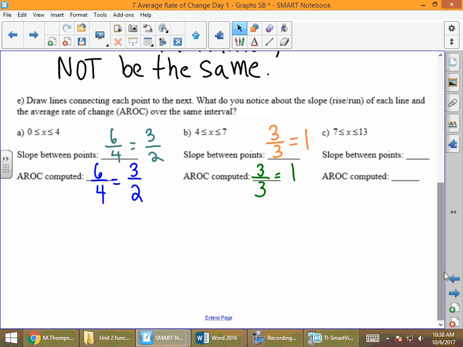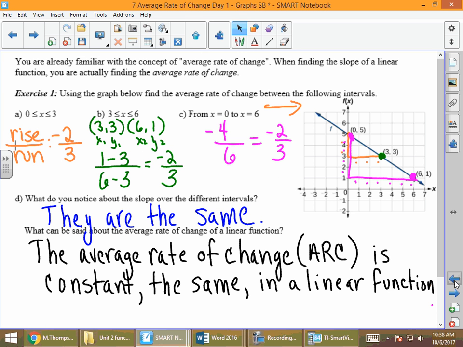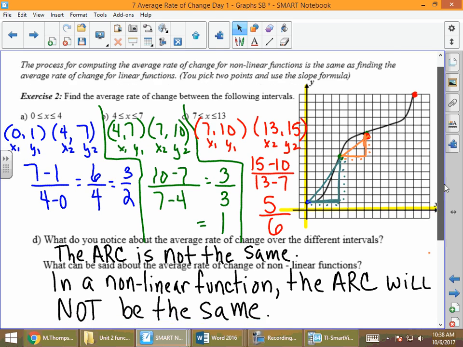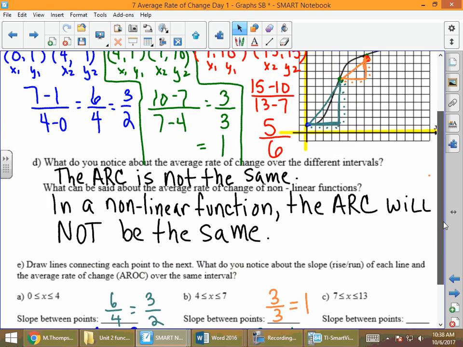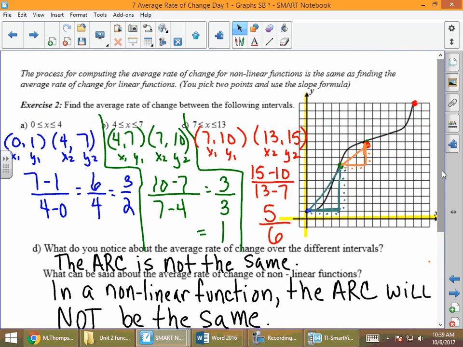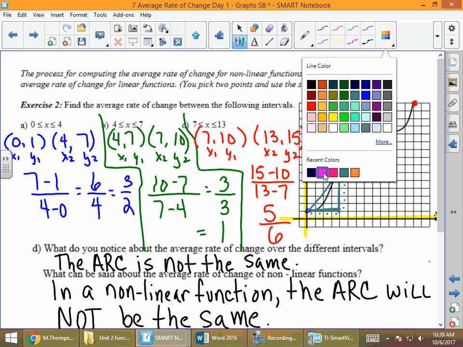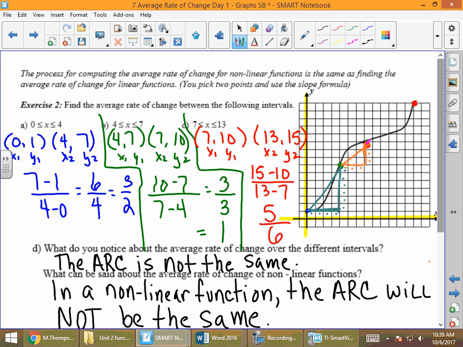And finally, when x is between 7 and 13, we're going to draw a line from here to here, and we're going to look at our slope.